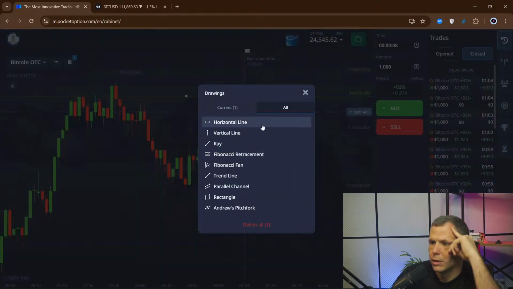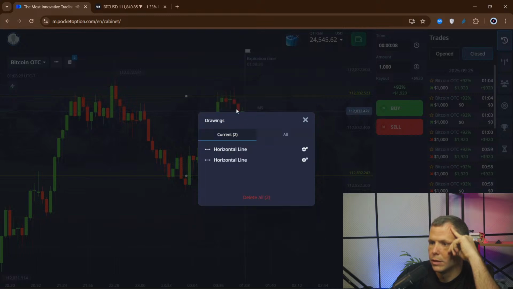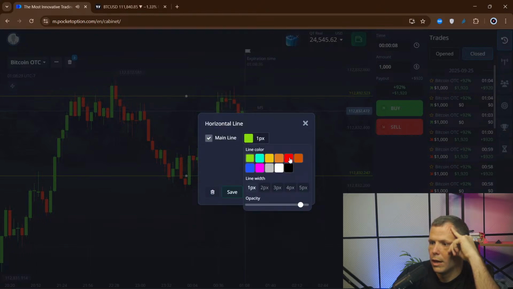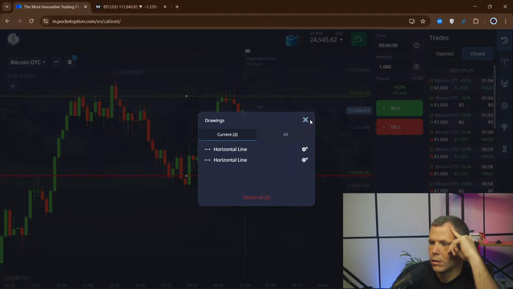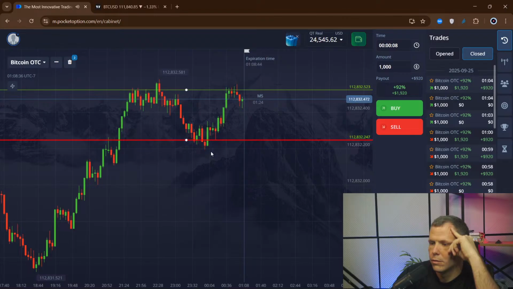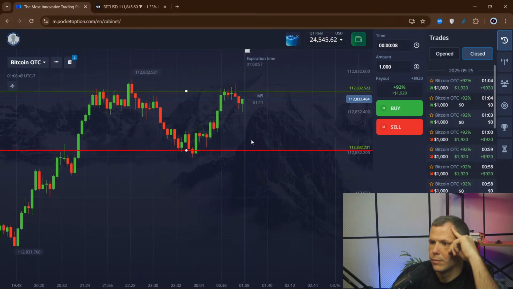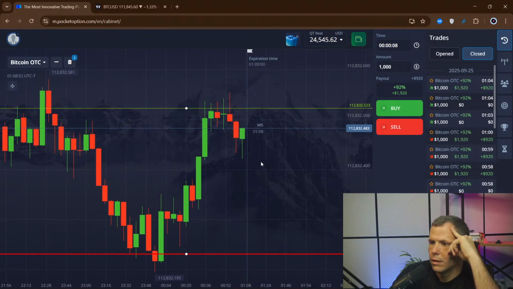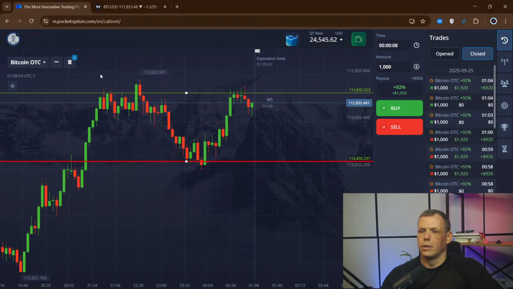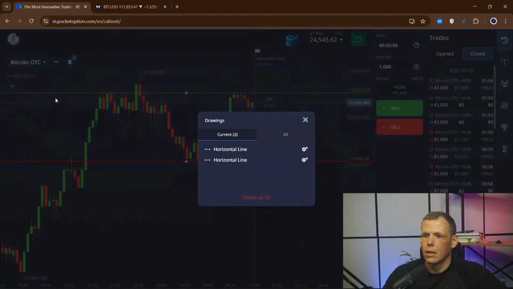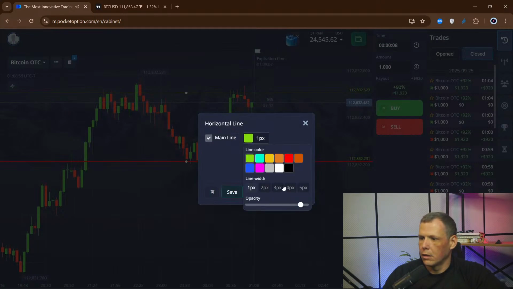Next, we're going to put another horizontal line, which is going to be our support. And this is going to be a stronger support level, like at the bottom. Somewhere around here, kind of make a window. Honestly, about right here. I want to make that bigger too.